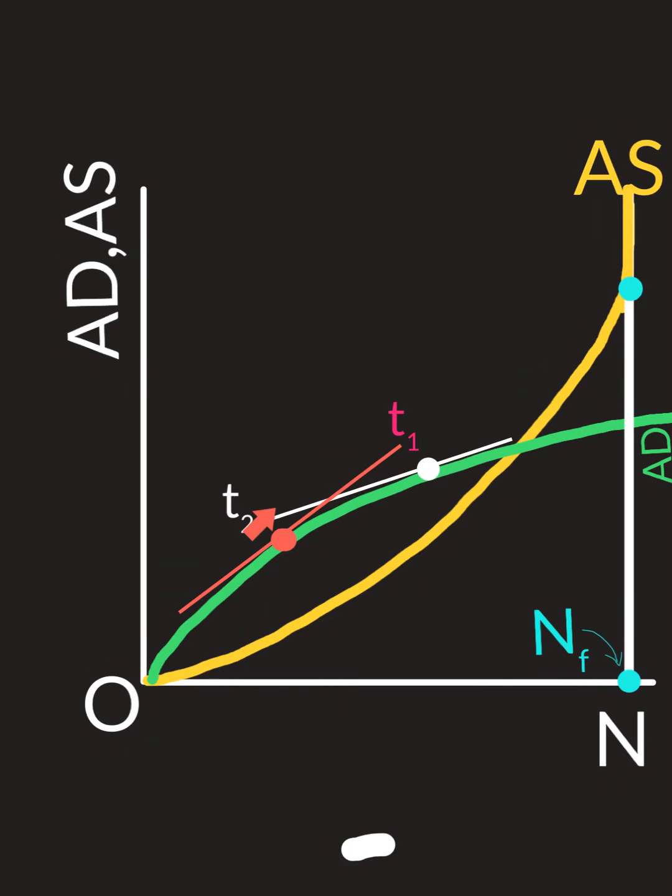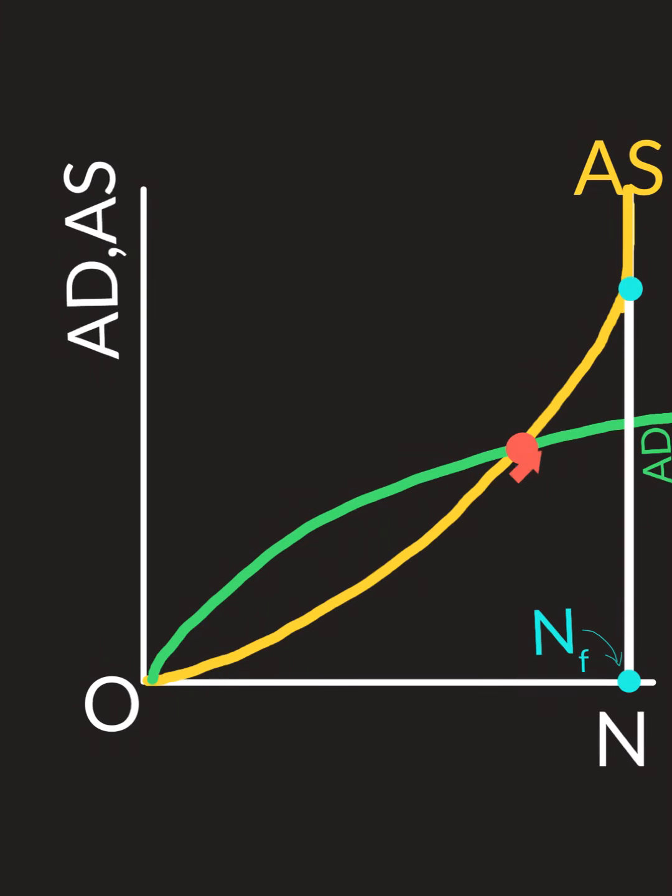If we compare the slopes, we see that the slope of T2 is less than the slope of T1. The implication is that the aggregate demand price increases with every increase in employment, but at a decreasing rate, and as such the slope gradually decreases.